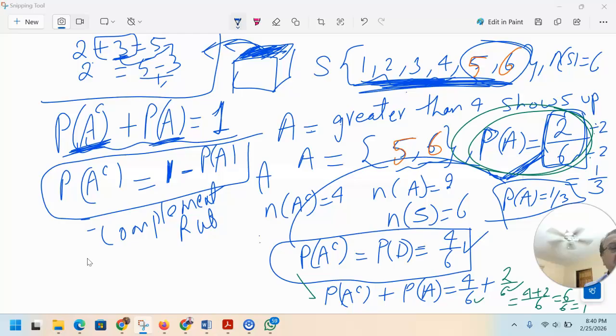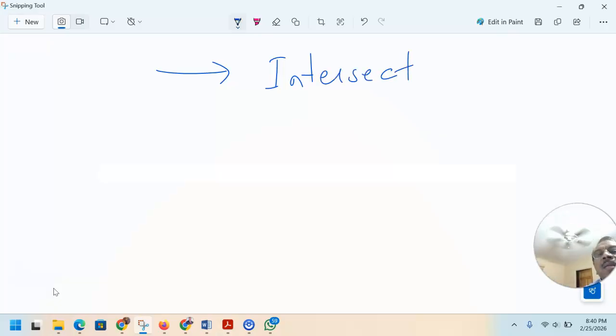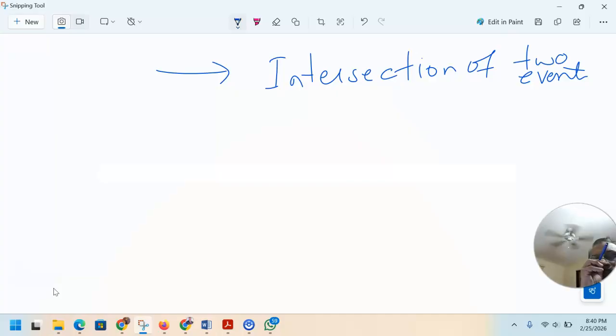And then besides this, there's one more. Now I'm going to explain another new concept called the intersection of two events. Now, what is the meaning of the intersection of two events?